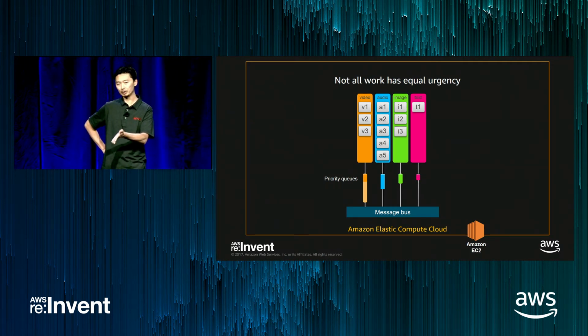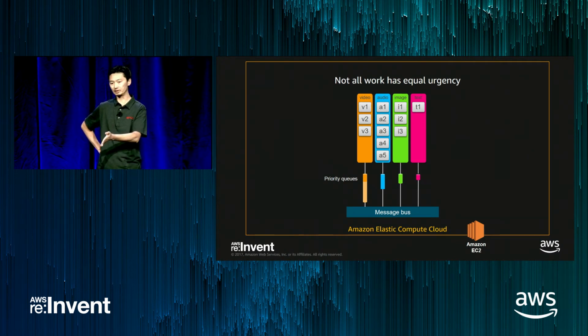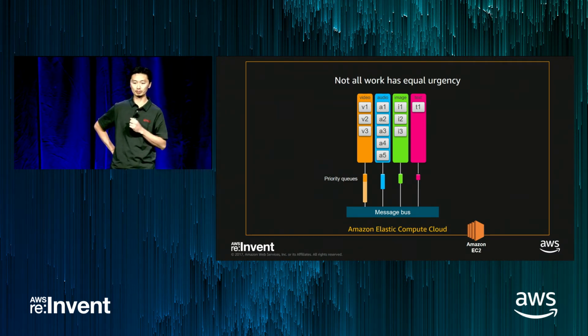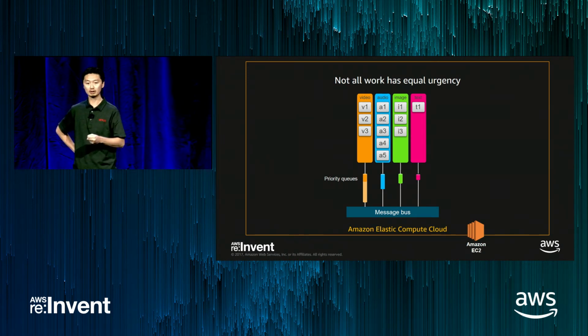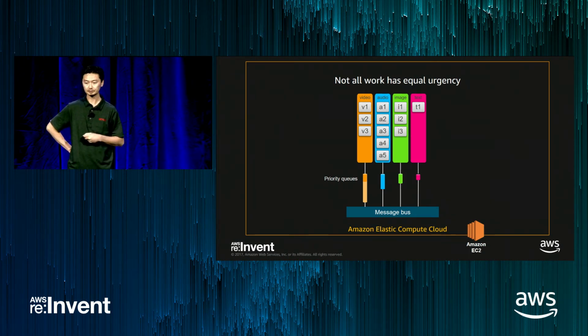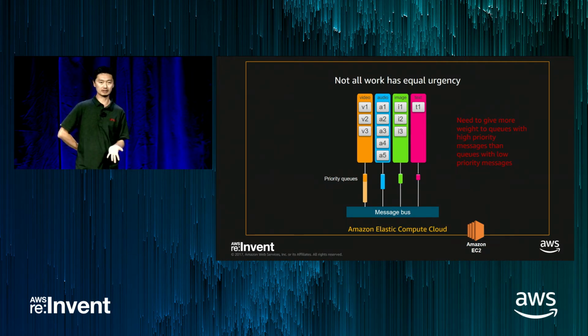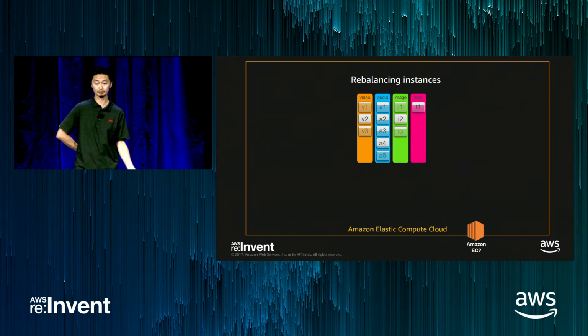We want to be able to ideally put more instances in the audio encoder than the video encoder because the number of high priority messages exceeds the video encoder's. So in essence, we want to balance our resources not only based on the size of the queue, but also based on the priority in it.